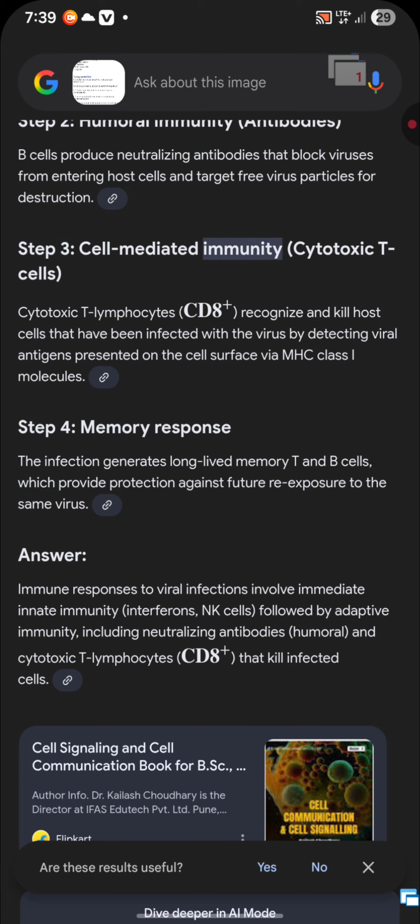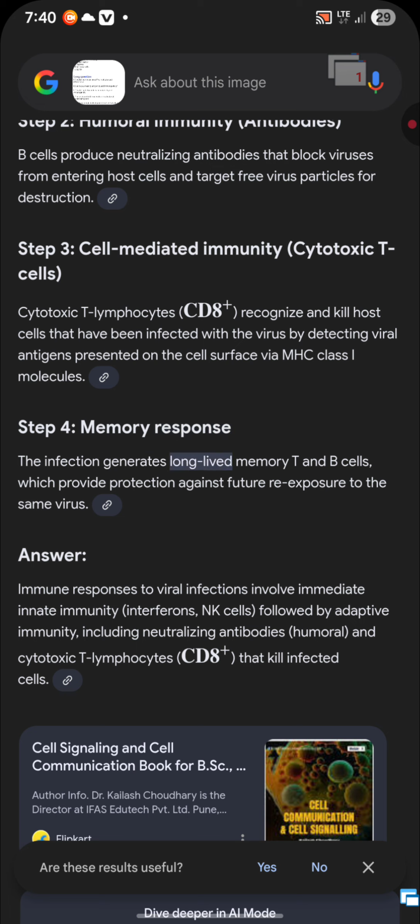Step 3. Cell-mediated immunity, cytotoxic T cells. Cytotoxic T lymphocytes, CD8+, recognize and kill host cells that have been infected with the virus by detecting viral antigens presented on the cell surface via MHC class I molecules. Step 4. Memory response.